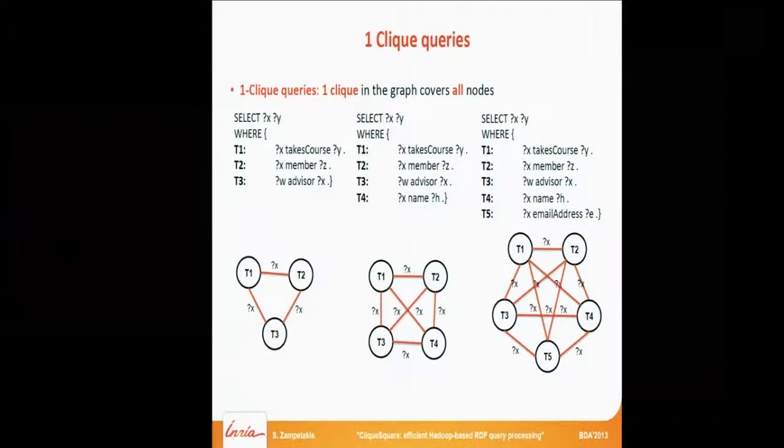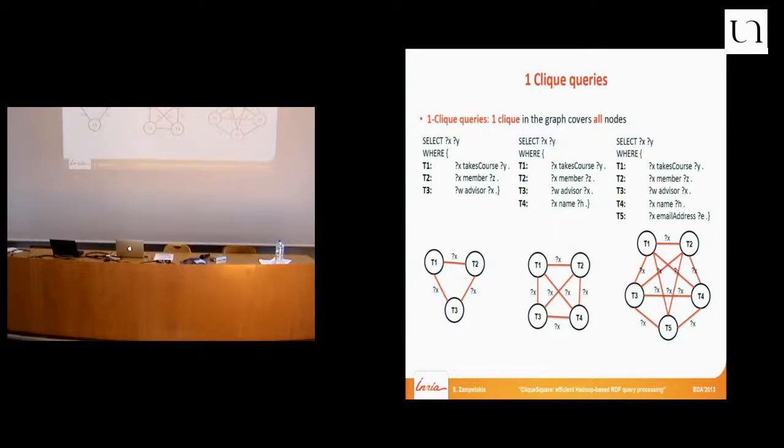An important category of queries, we define this category as one-clique queries. As denoted by their name, these are just the queries that contain only one clique in the graph. So we can see that all these graphs have only one type of edge, x, and this is why they are called one-clique queries. And why are we interested in this specific category?